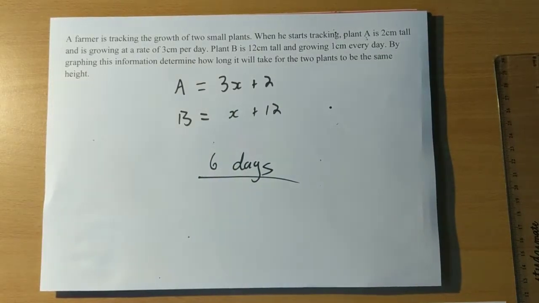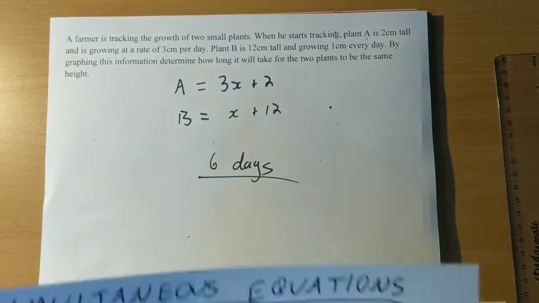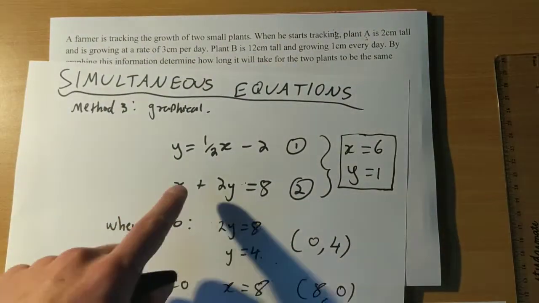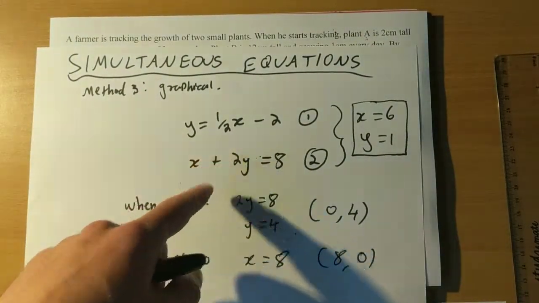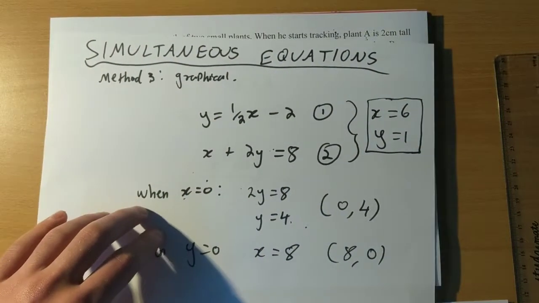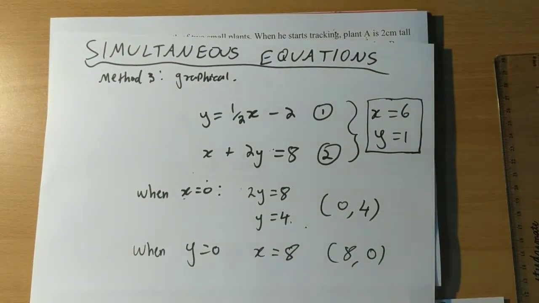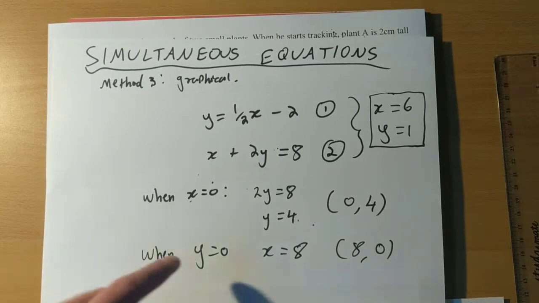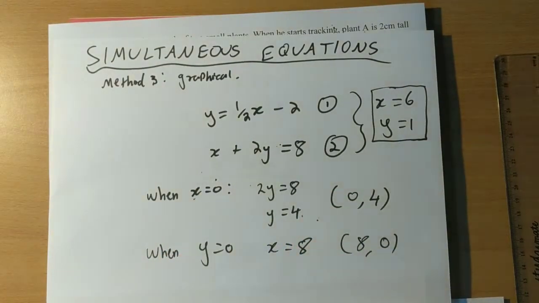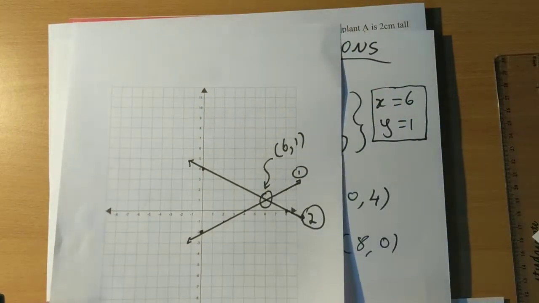So just to recap, what I want you to take away from this video is solving simultaneous equations graphically. Firstly, if we have two equations where one of them is not in the form y equals mx plus c, instead of rearranging it, we're going to just pick 2 points when x is 0 and when y is 0, and we can solve that graphically like we did there.